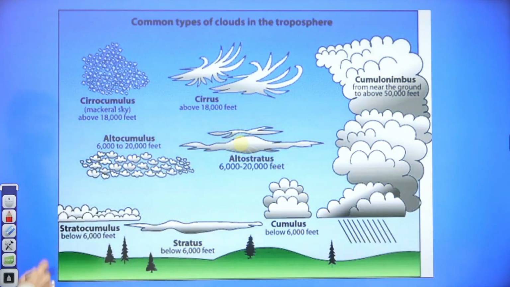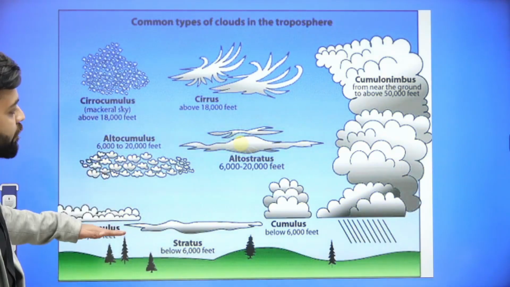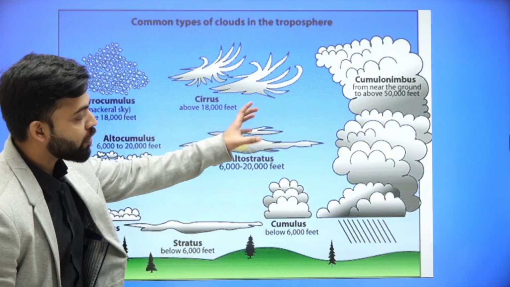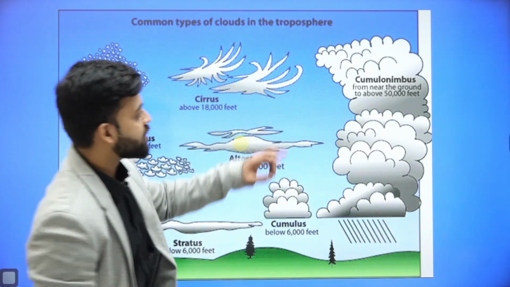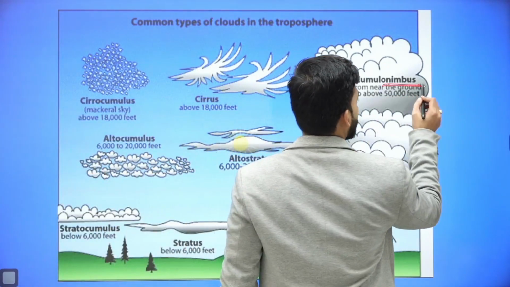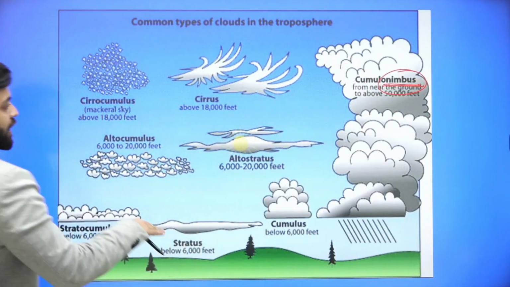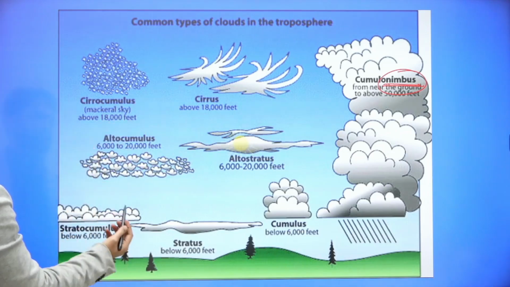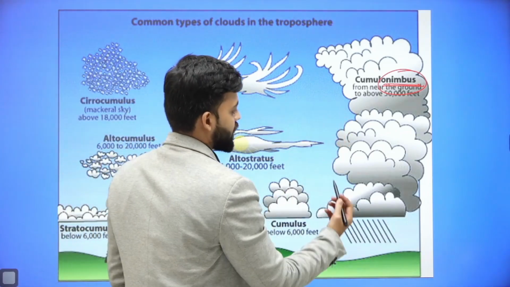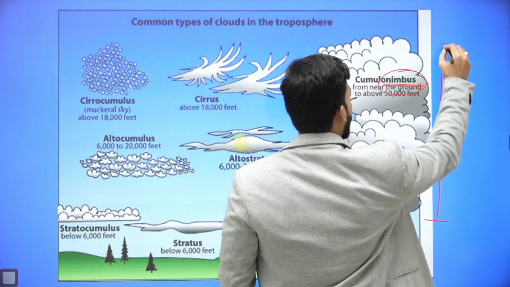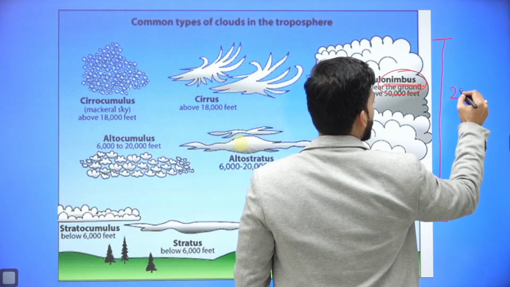Now, if we see this diagram, different types of clouds on the basis of altitude and on the basis of its shape and on the basis of whether they contain rain or not, we can divide different types of clouds. So if we see this cumulonimbus cloud, it basically reaches up to the height of around 20 kilometers.